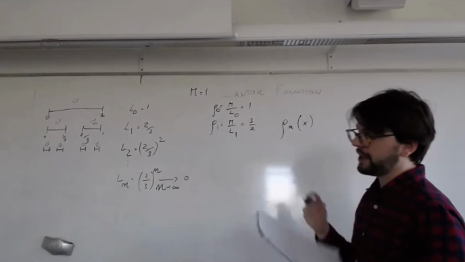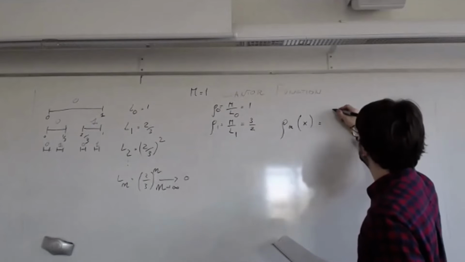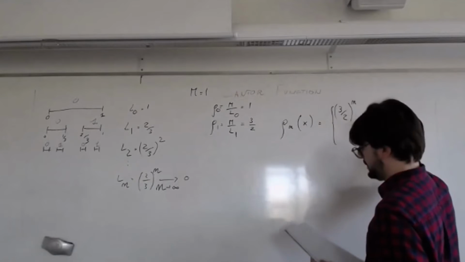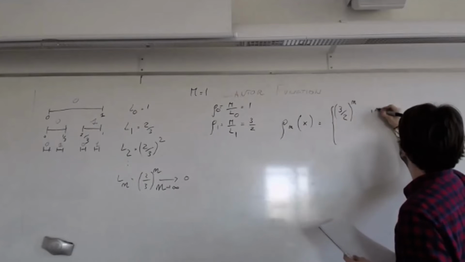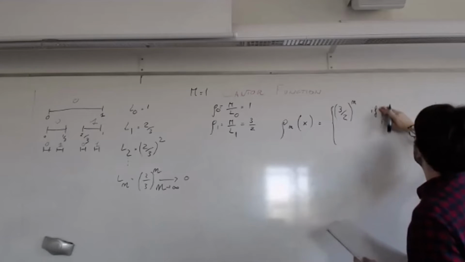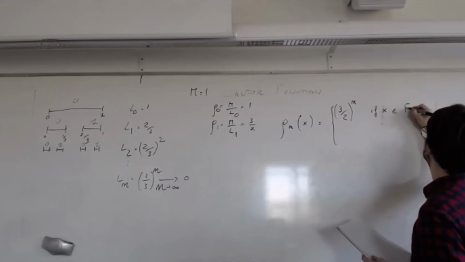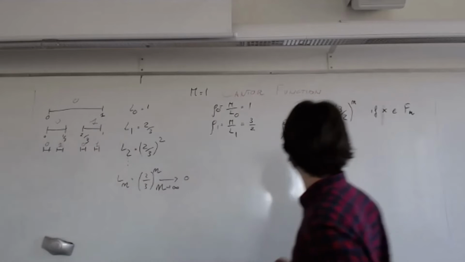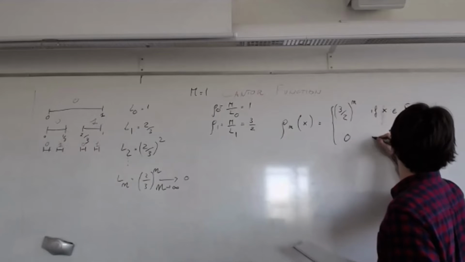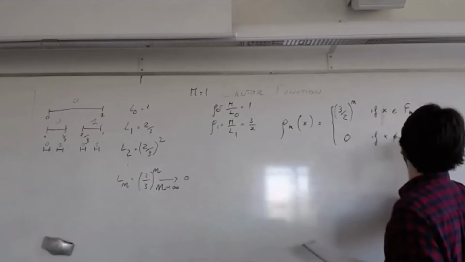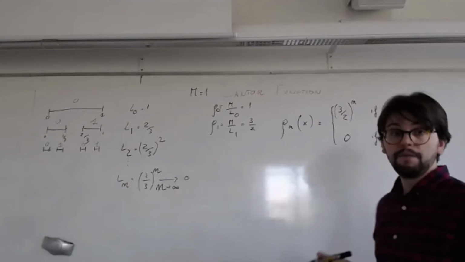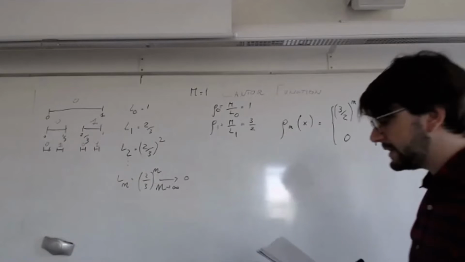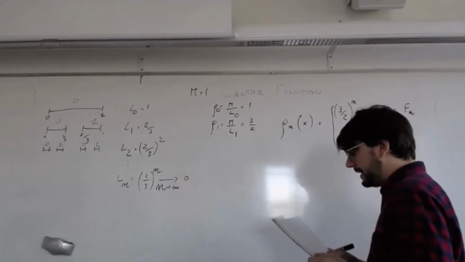A density measure for a given iteration would be (3/2) to the power of n if x belongs to the F_n set that I defined before, so to these intervals, or 0 otherwise. That's a fairly simple definition.